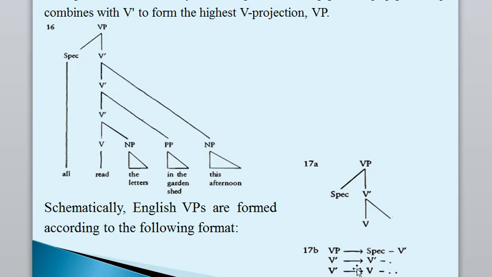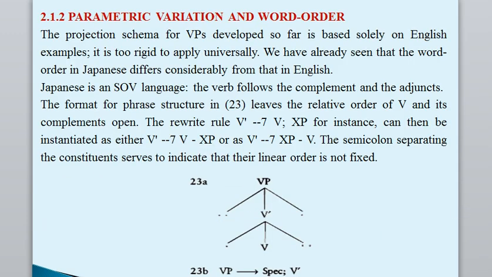And you see here again, this is the same structure of the tree diagram. VP, first V, the head, combined with another element to produce V1 bar, then again V1 bar, and at last combined with a specifier to produce VP, the maximal projection. This is the structure of the VP.